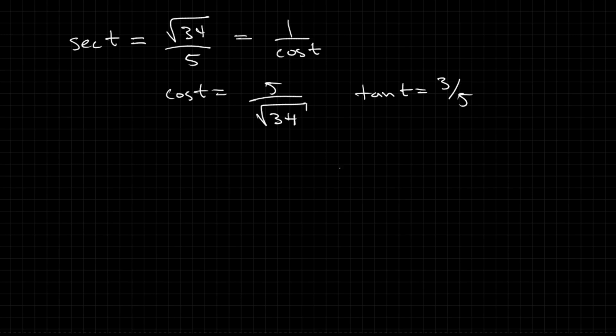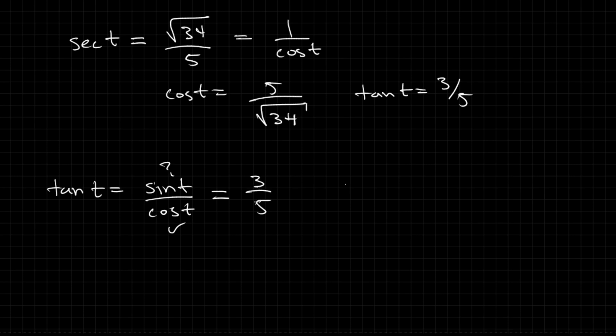The first thing you could do is use one of the fundamental identities. Tangent of t is sine t over cosine of t. Earlier, we didn't know either sine t or cosine t. But at this point, we know cosine of t, we don't know sine of t, and we know tangent of t is 3/5.